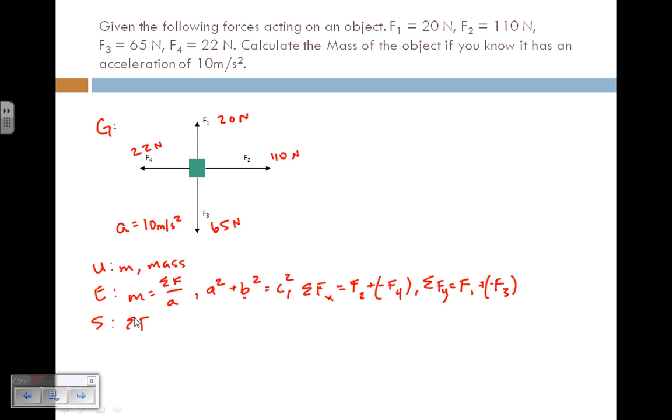So the sum of all forces in the x is going to be equal to that F2 force, which is 110 newtons. We're going to add the negative 22 newtons from F4. The sum of all forces in the y direction is going to be equal to the F1 force, 20 newtons, plus the negative F3 force, which would be 65.